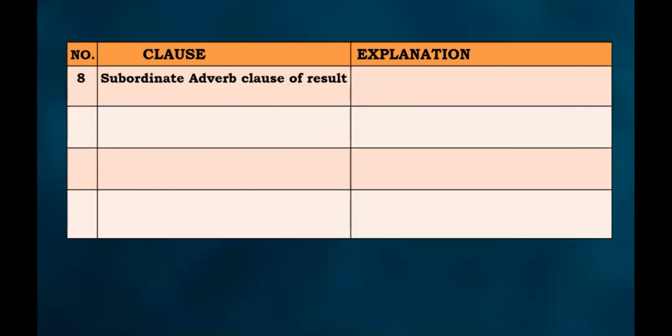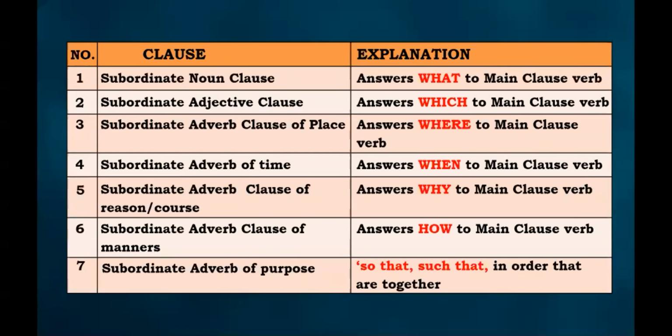Reason has three subordinators: since, as, because. Remember SAB. And when it comes to purpose, we have so that, such that, in order that. Both of them answer the question why. If there is any confusion, just look at the subordinator.